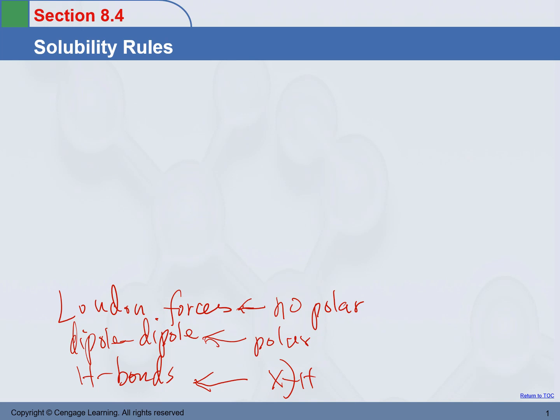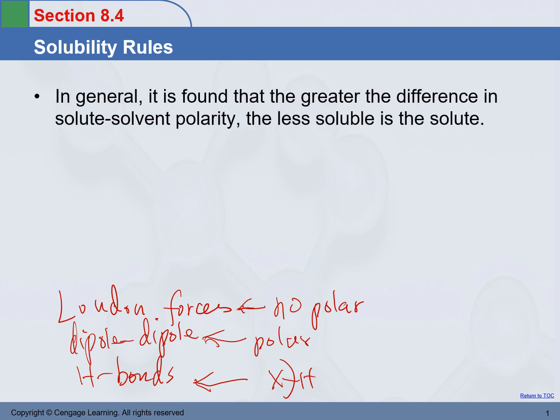All right. So if the solid particles can communicate with the solvent particles with the same kind of language, preferred language, then the solid particles will be accepted by the solvent, which means the greater the difference in solvent and solid polarity, the less soluble.